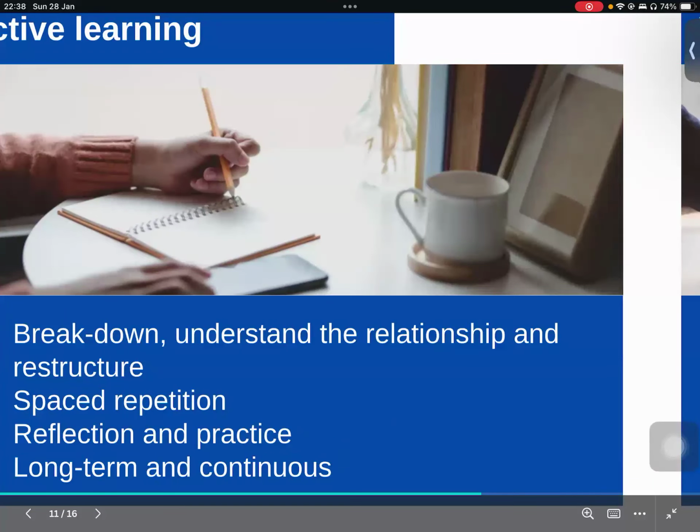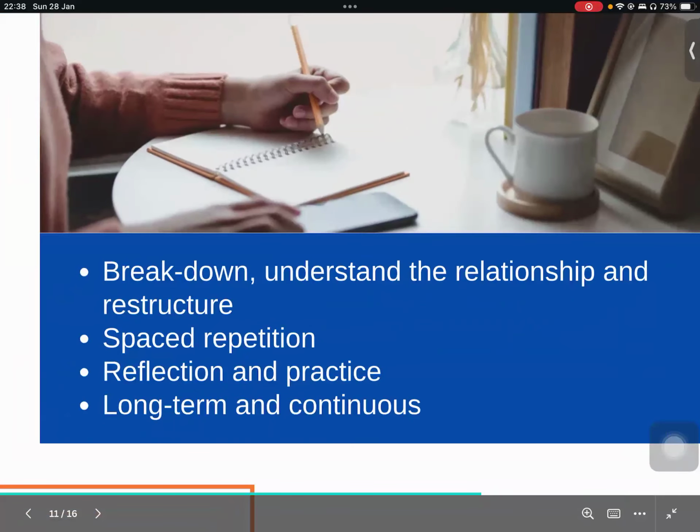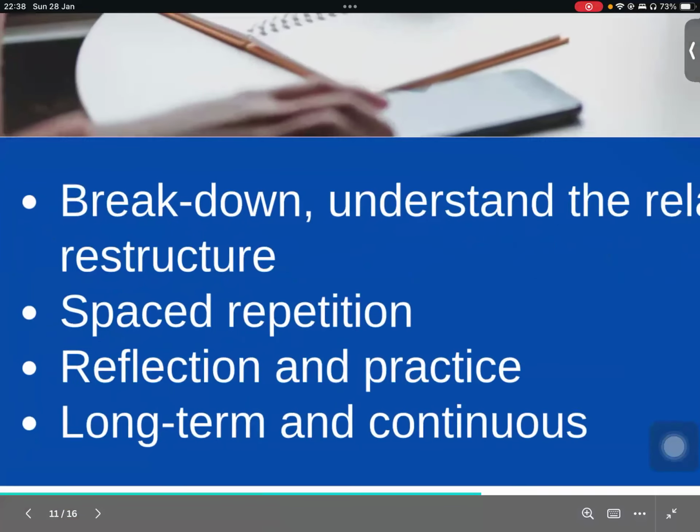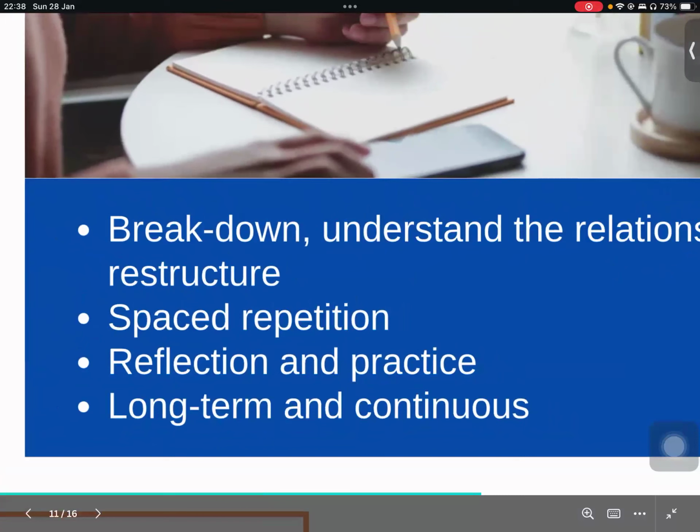You read about that, but after a few days, you can come back to it, and review whether you understand that thing or whether you can give an accurate statement about that concept. That is spaced repetition. Besides that, you can do reflection and practice. I will introduce the tools and methods later.